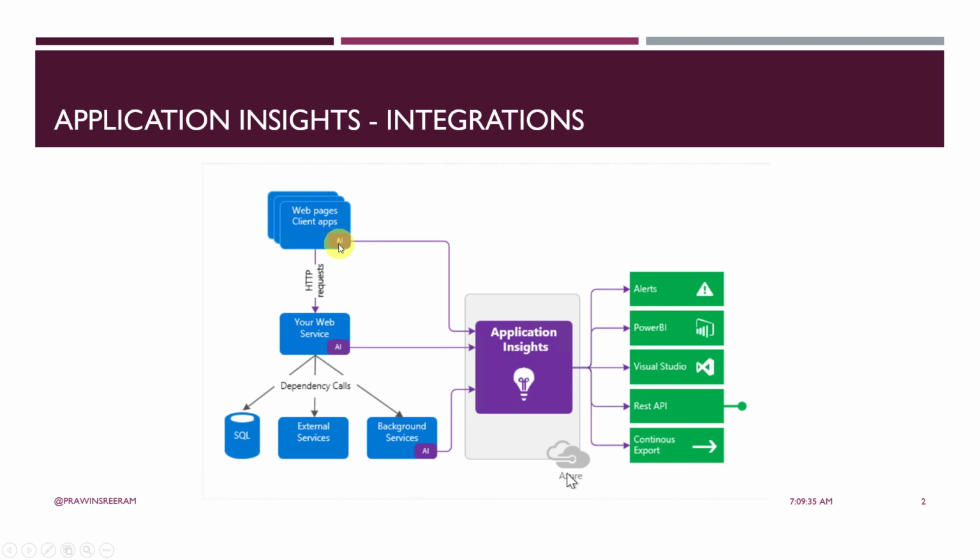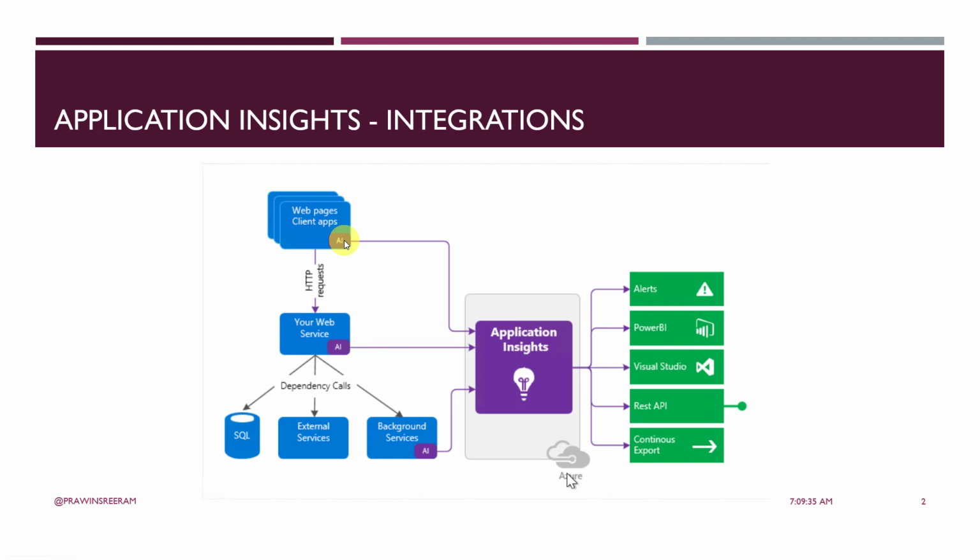There will be a small utility installed in these front end web apps, backend APIs, background jobs. Wherever developers write code, like .NET, Java, front end, Angular developers, they can use some small utilities.